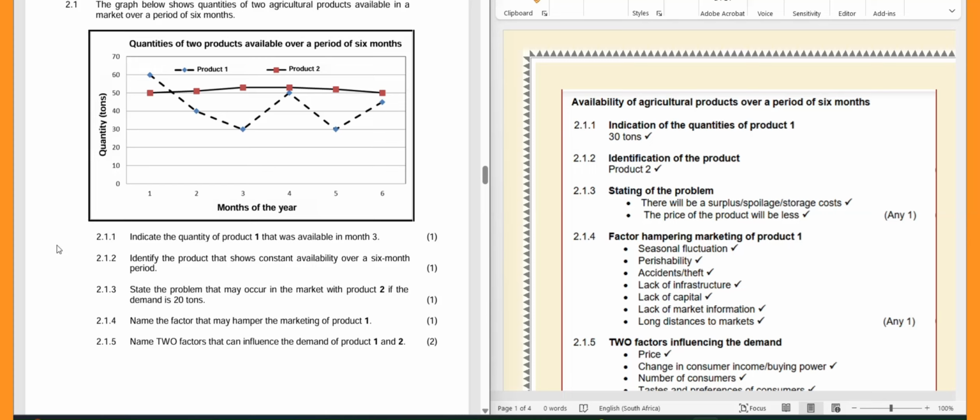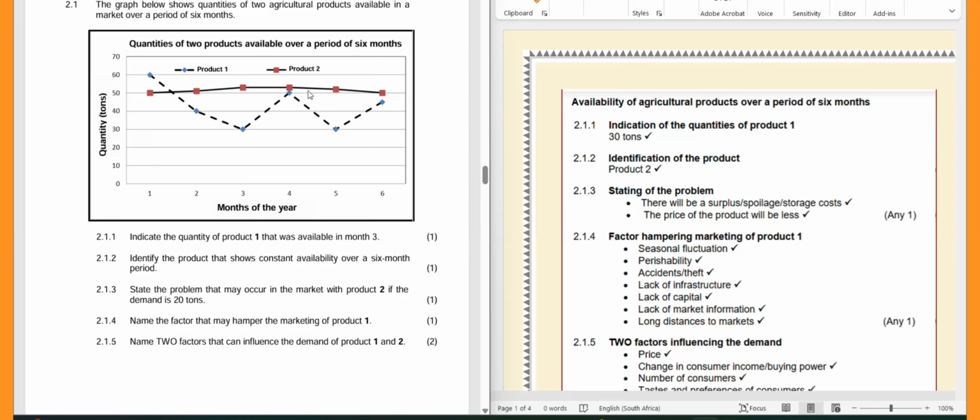2.1.2, identify the product that shows constant availability over a 6-month period, which means we will look, and when we look at this graph, we'll try to identify the product that doesn't have the fluctuations. Okay, so let's see.